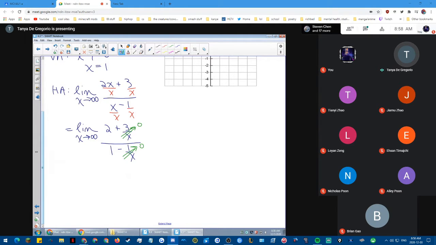Anything with the denominator of x is going to approach 0 because it's divided by a huge number. And so I can conclude that this limit just equals 2. And so therefore, you have a horizontal asymptote at y equals 2. So here are your asymptotes. Let's put them in.